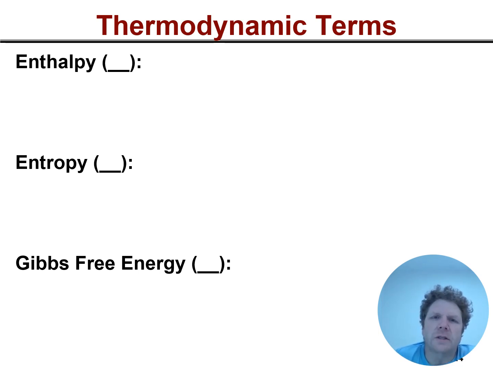Now, when a process occurs at constant pressure, the heat evolved, either released or absorbed, is equal to the change in enthalpy. So we use terms like exothermic, endothermic, and isothermic to describe the enthalpy of a reaction. An exothermic process is one that releases heat.